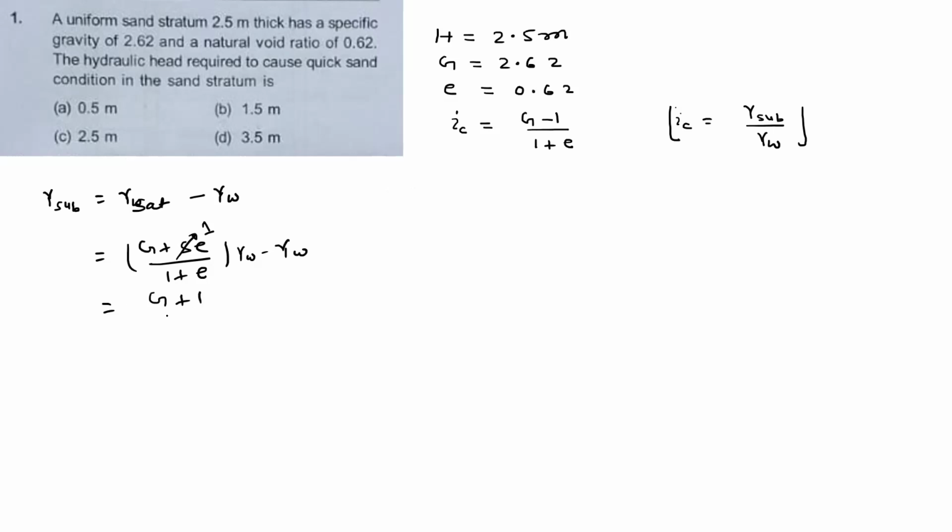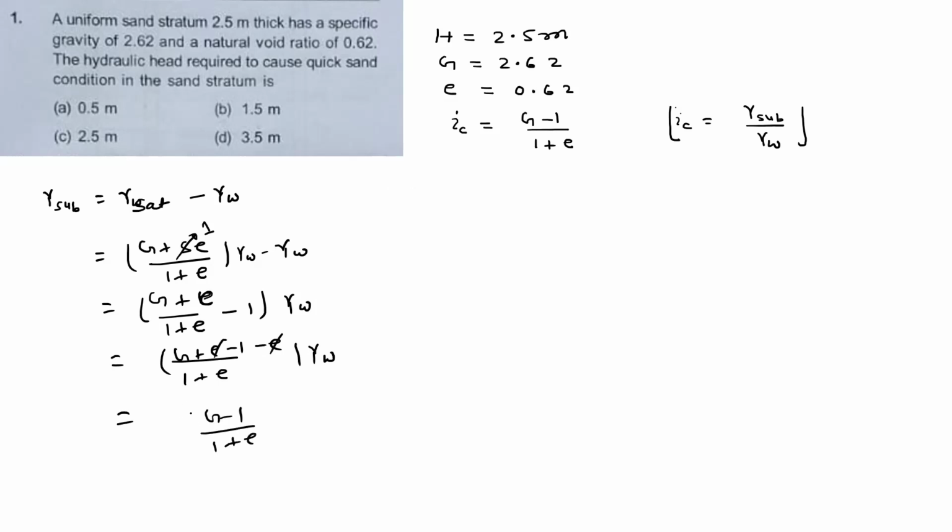So it is (G plus e) divided by (1 plus e) minus 1, into gamma w. Taking 1 plus e common, G plus e minus 1 minus e, so e gets cancelled out, and this is (G minus 1) divided by (1 plus e) into gamma w.